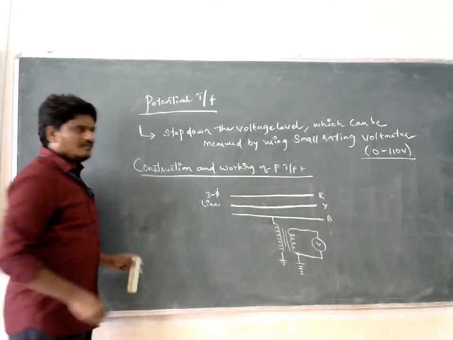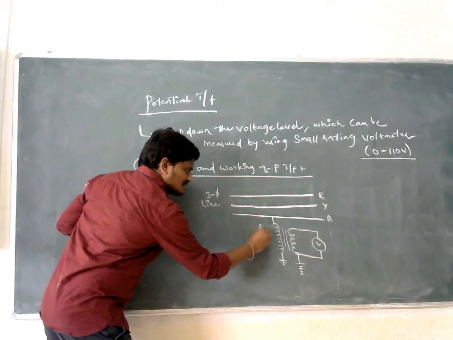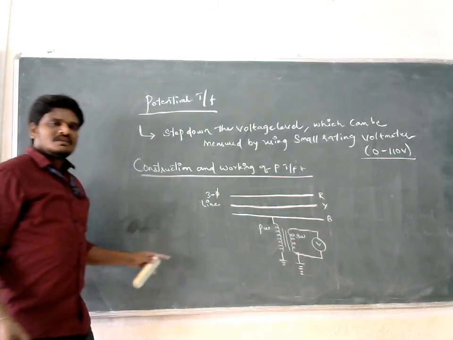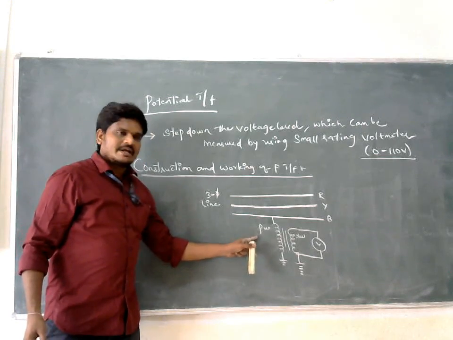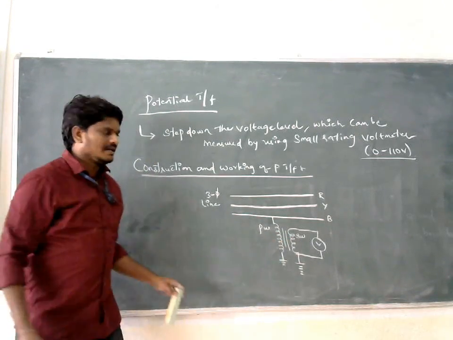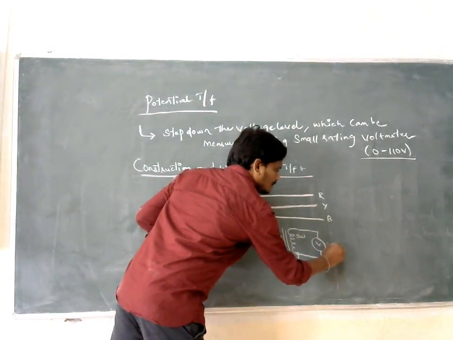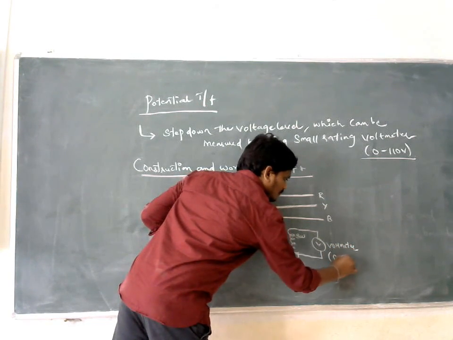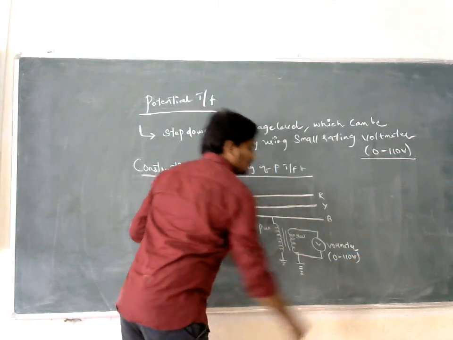It consists of two windings. Let me name this winding as the primary winding and this winding as the secondary winding. This is nothing but a voltmeter, where the range of the voltmeter is taken as 0 to 110 volts.